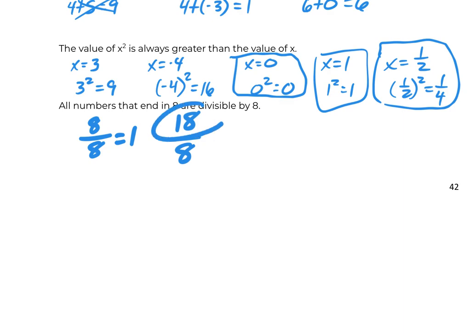So 18 would be a counterexample. What about 28? Yeah. What about 38? Yep. What about 48? What's 48 divided by 8? 6. Okay. And 6 is not a decimal. So 48 would not be a counterexample. But 18, 28, 38 would all be counterexamples. So lots of possibilities on a lot of those. Trying to find something that makes it false.